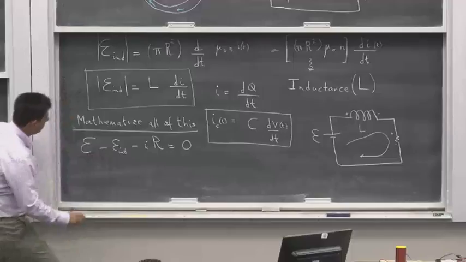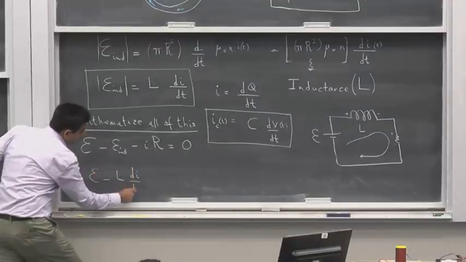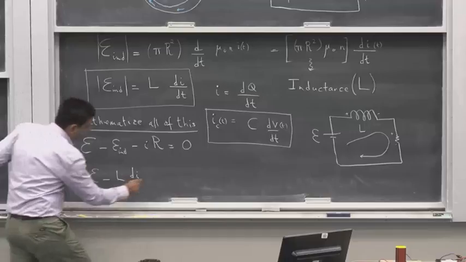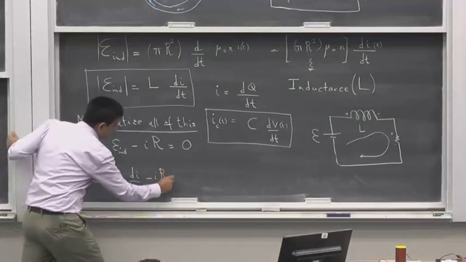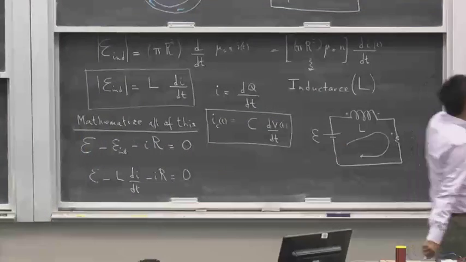Now, this E induced is L di by dt minus IR equals 0. Now I'm going to just shuffle this equation a little bit.